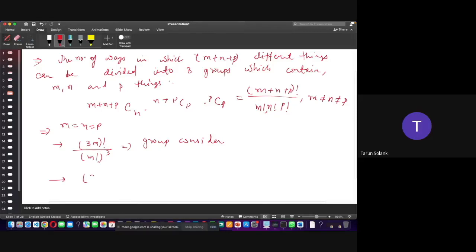Similarly, 3m factorial divided by 3 factorial times (m factorial) cube, that is when groups are not considered.